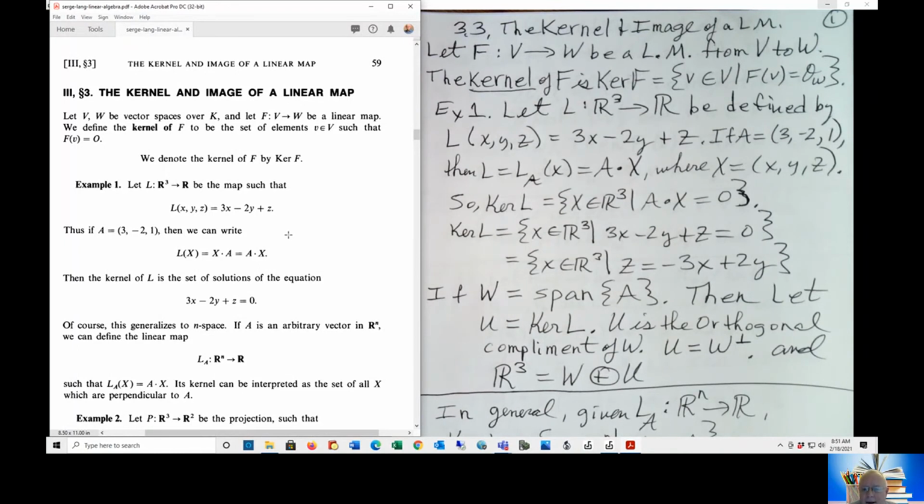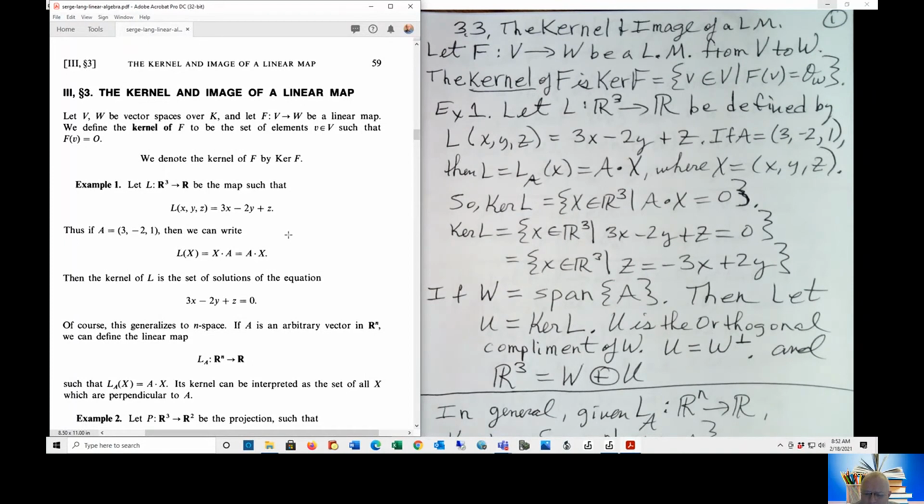Now look at the first example. Suppose we have a linear map L going from R3 to R, defined in the following way, where L takes an ordered triple x, y, z and maps it to the real number 3x minus 2y plus z.